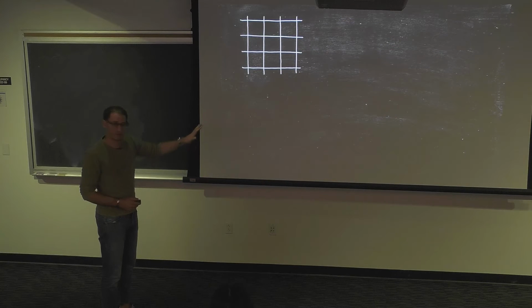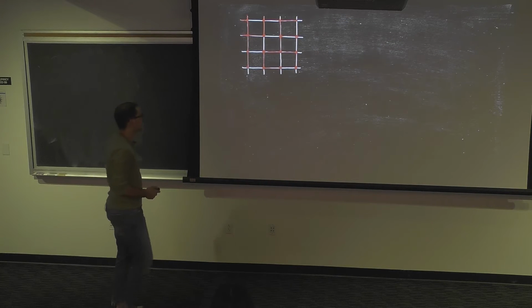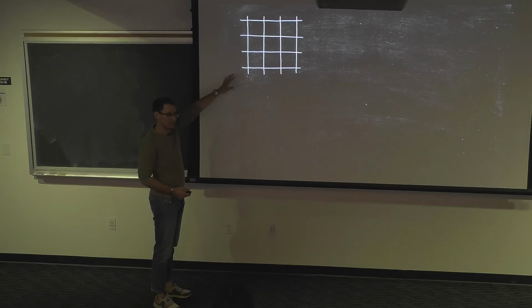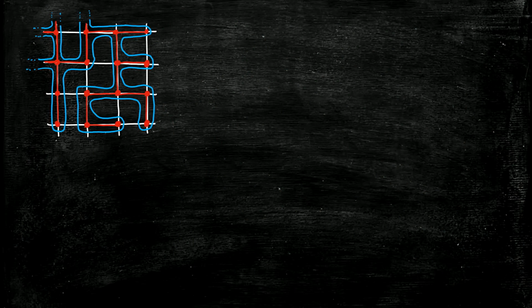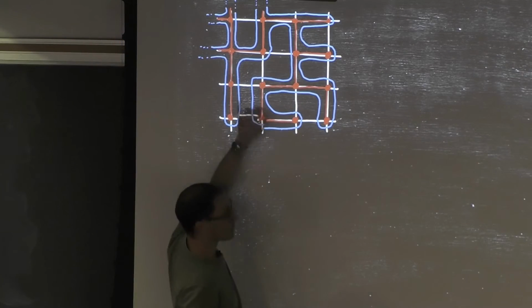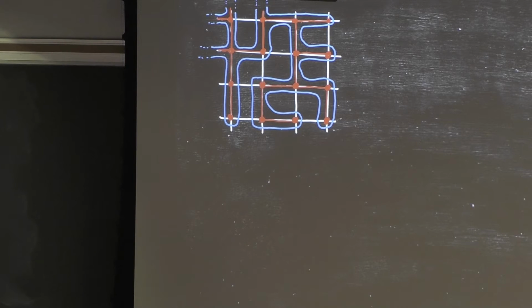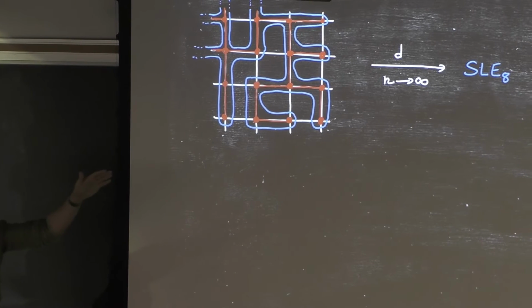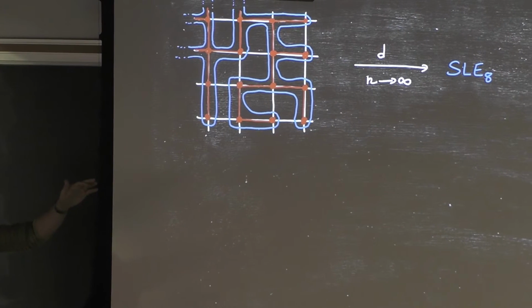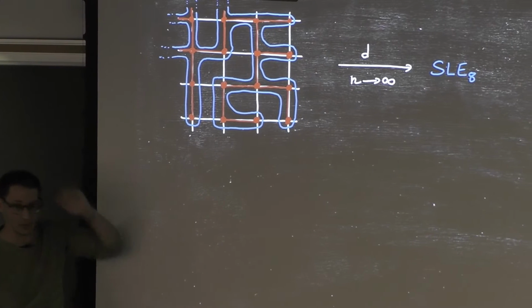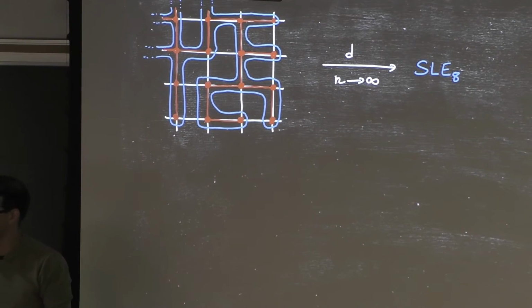OK, this is LQG. What is SLE? You take the square lattice, you take a uniform spanning tree, and you turn around this spanning tree. So what I'm doing is just traveling around the spanning tree, and you get a space-filling curve on the lattice. You send the mesh of the lattice to zero, and you converge to a limiting space-filling curve, the limit of this blue curve, that is called SLE8.